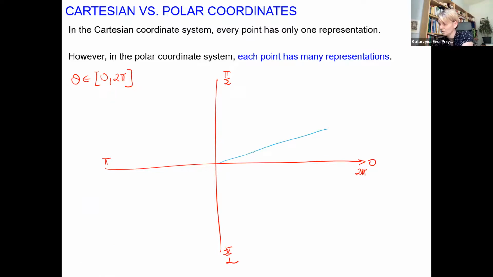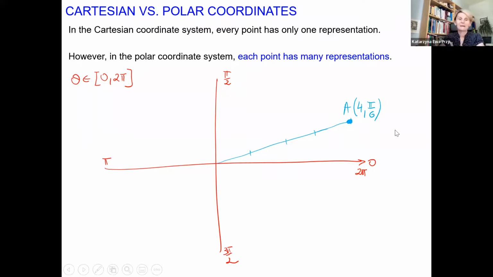Let's find a point, maybe 30 degrees. 1, 2, 3, 4. This is point A. The coordinates of point A are distance 4 and pi over 6. 30 degrees is pi over 6.